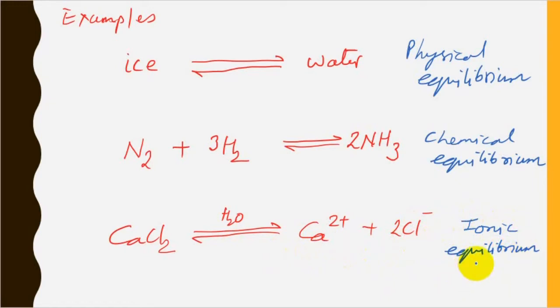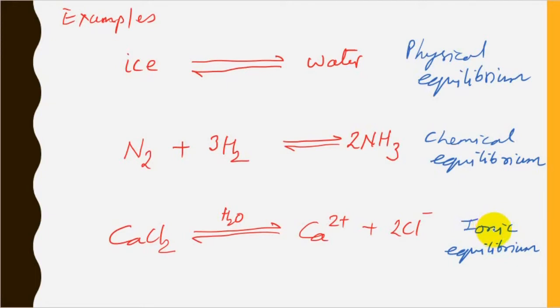So three different types of equilibrium you can see: physical equilibrium, chemical equilibrium, and ionic equilibrium. That means your chapter can be divided into three parts, and each one is individually different from the other. These three are completely different from each other.